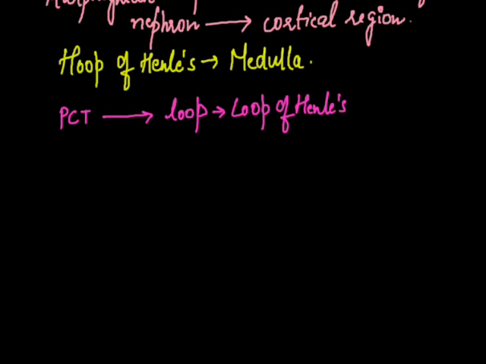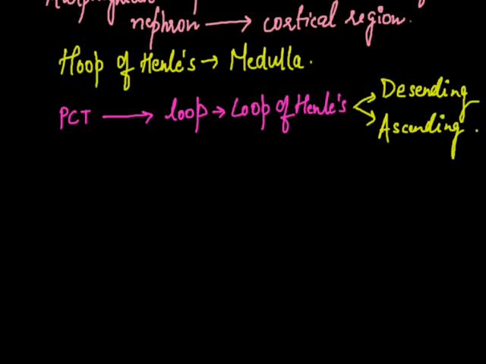We have two types of loop of Henle, as already discussed: the descending and the ascending. In total this loop of Henle is 22 mm in length, while the PCT is 14 mm.